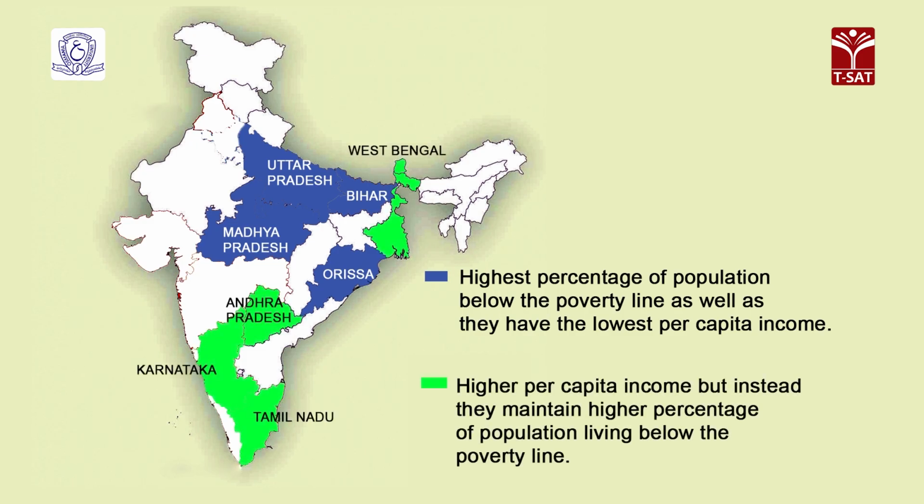There are some states like Andhra Pradesh, West Bengal, Karnataka and Tamil Nadu which have achieved a comparatively higher per capita income, but instead they maintain a higher percentage of population living below the poverty line.